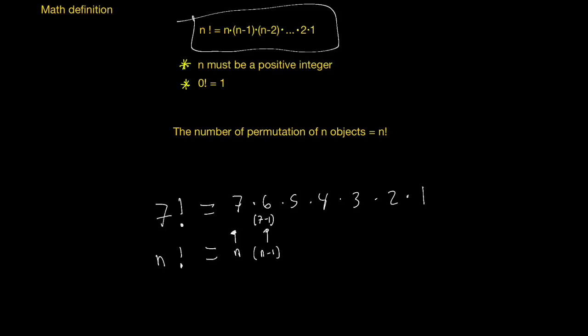And then here, we can multiply it by n minus 2. But for our example, we have 7 minus 2, which is 5. And you see how, if we continue the pattern, we're always going to end up with a 2 times 1 here. So this is just a very, very fancy way of saying that we expand the integer all the way down to 1.